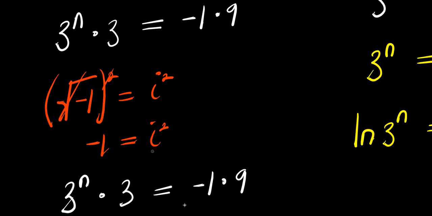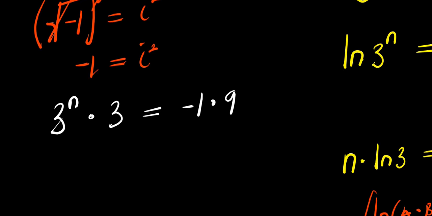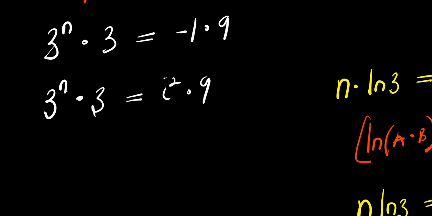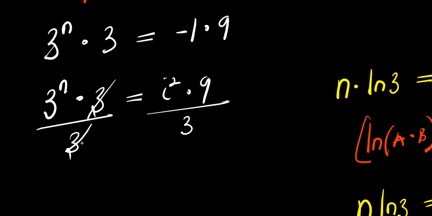And negative 1 is I power 2, so this simply means 3 to the power of n times 3 equals I power 2 times 9. So right now, what we can do will be to divide by 3. Divide by 3. This eliminates this. We have 3 to the power of n equals I power 2 times 9 divided by 3. We have 3.